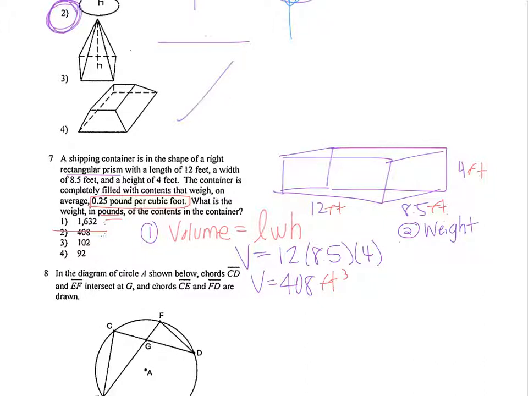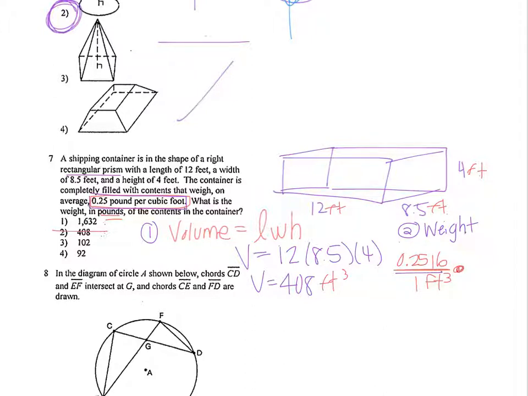To do that, we're just going to use a simple conversion. We take the sentence they gave us about the weight, 0.25 pounds, and change it into a fraction. Make sure you put the pounds on top because that's the unit you want. So I have 0.25 pounds per, which means division, 1 foot cubed.